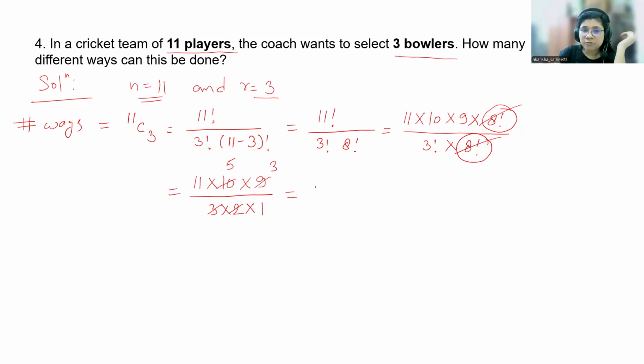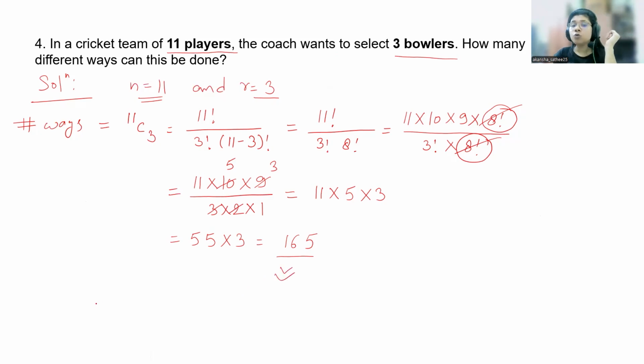So final answer will be 11 into 5 into 3, and that is equal to 55 into 3, and that is equal to 165. So picking 3 bowlers out of a team of 11 players, you have these many ways. So you can select 3 bowlers out of 11 players in 165 ways. Huge number, right?